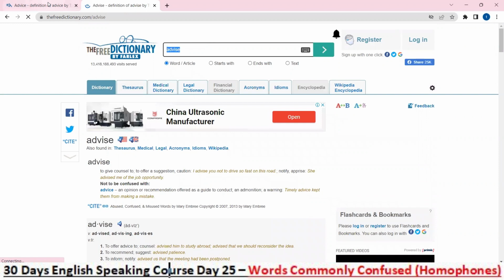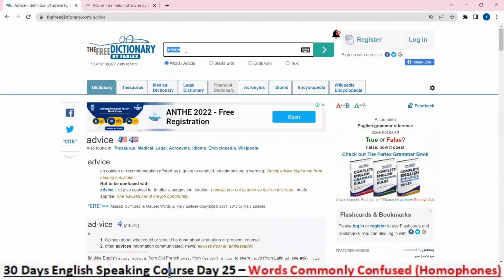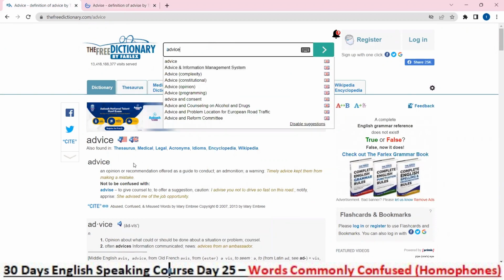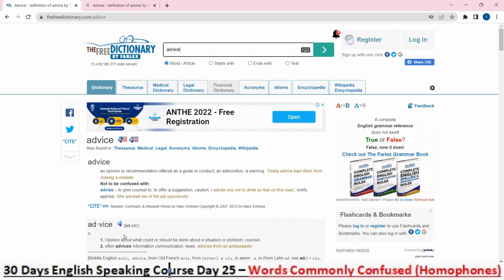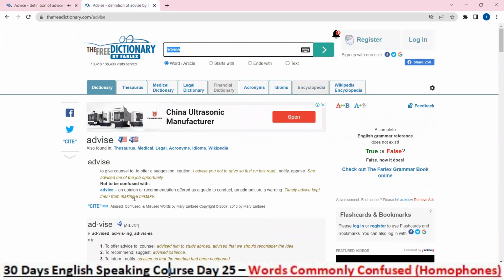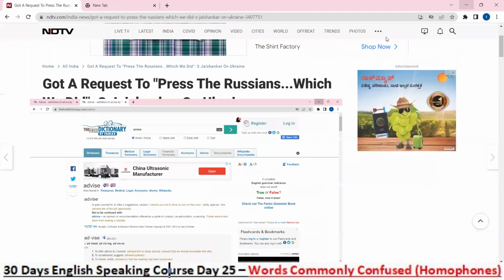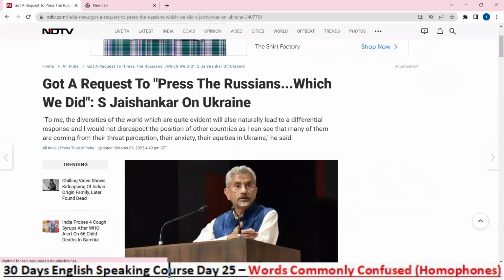So there is a difference of C only. If it is C, then it should be pronounced as advice. And if it is SE, then it should be with a Z sound, like advise. And there is a slight difference in meaning, as well as the difference in pronunciation.